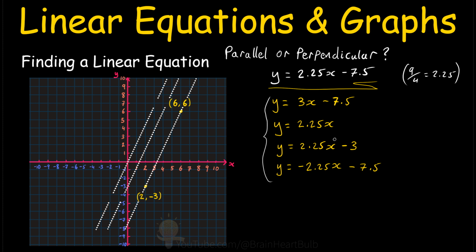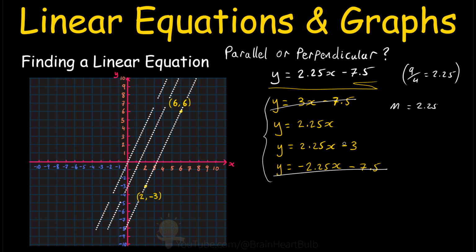So out of these 4 linear equations here, can you match these lines with one of these equations? Well, we know that our gradient, m, has to equal 2.25 or 9/4 to match this gradient here. So we can cross out this equation and this equation, because this equation has a -2.25.